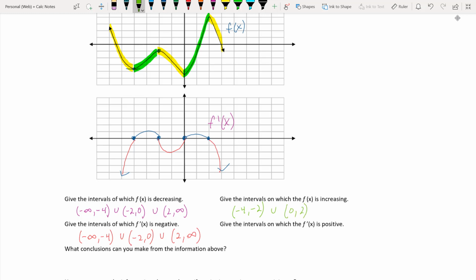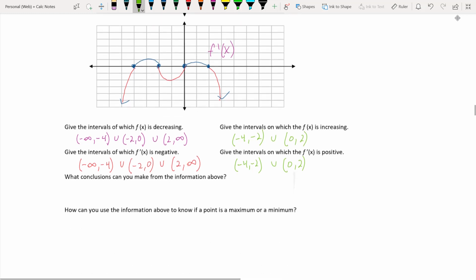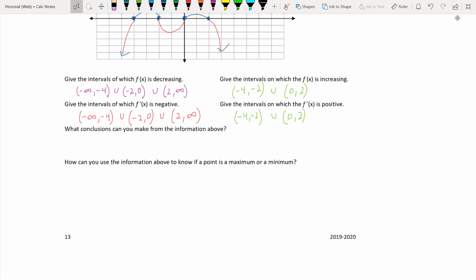And if you look at the question below that, give the intervals in which f prime of x is positive. We have the exact same intervals, -4 to -2 and 0 to 2. All right? So the conclusions that we can make are this. We've talked about this before.